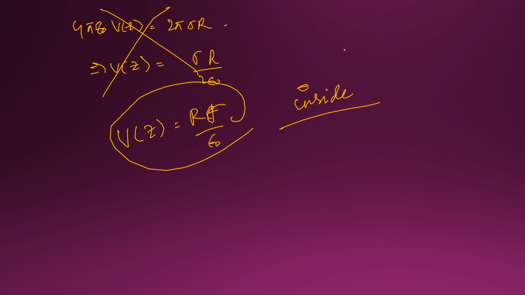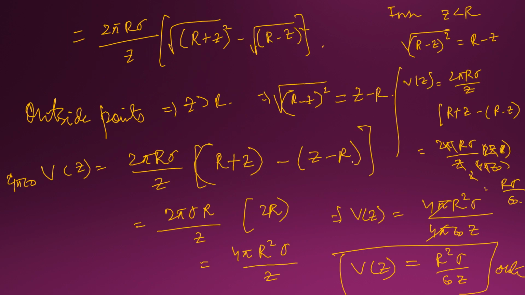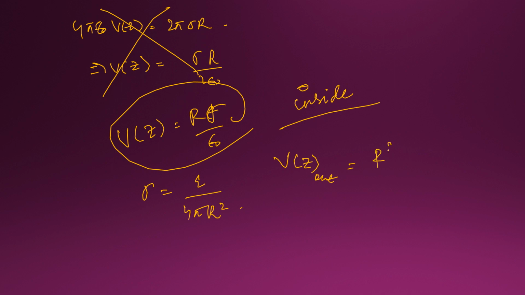This is the question. But we know sigma is Q by 4 pi r square. So if you put it in Vz outside, in place of sigma, we get r square sigma by epsilon naught z, r square Q by 4 pi r square epsilon naught z.